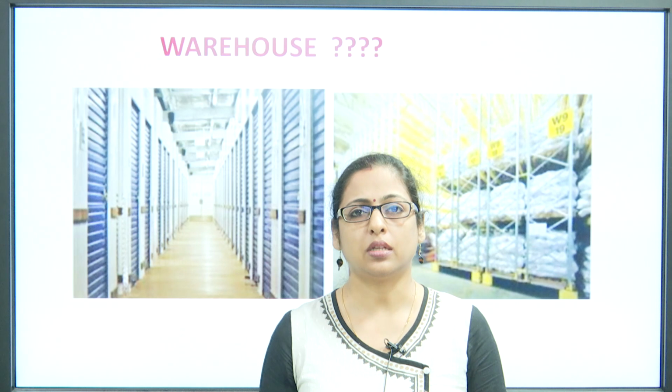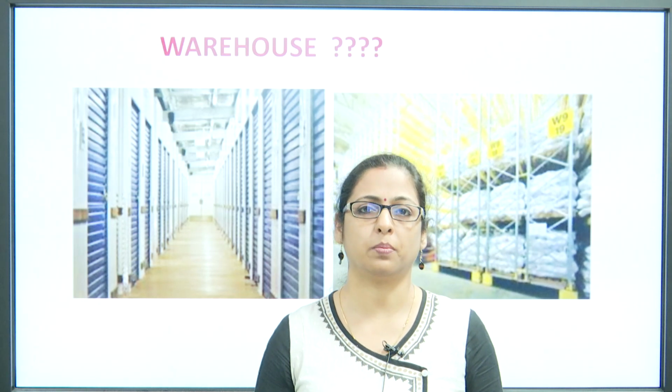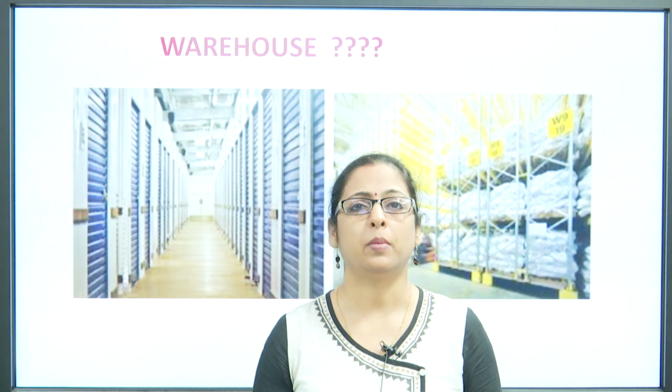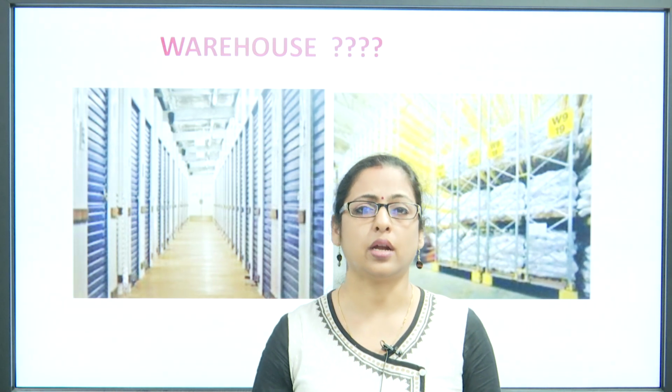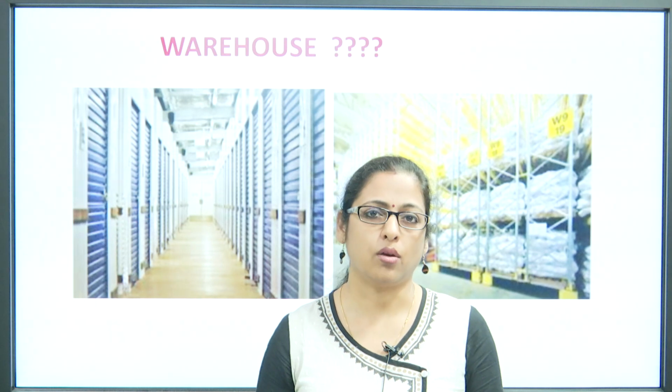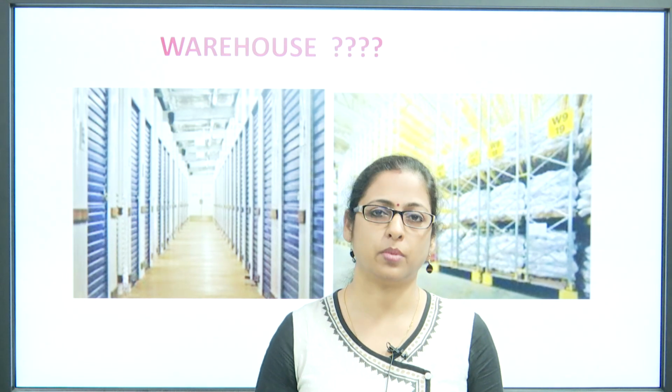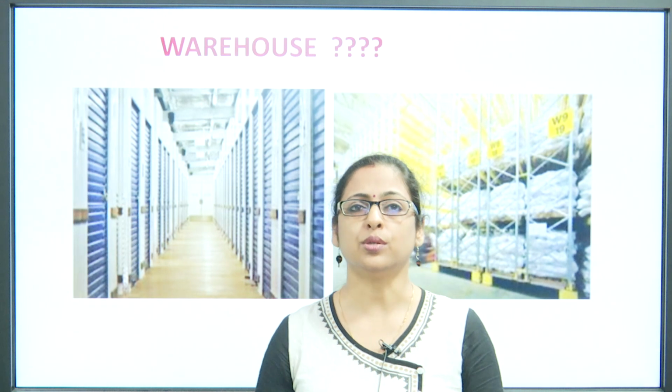It may be that the warehouse is owned by some particular organization only, but it may also be shared by many organizations. So, obviously this is something that we will be discussing in today's lecture also.